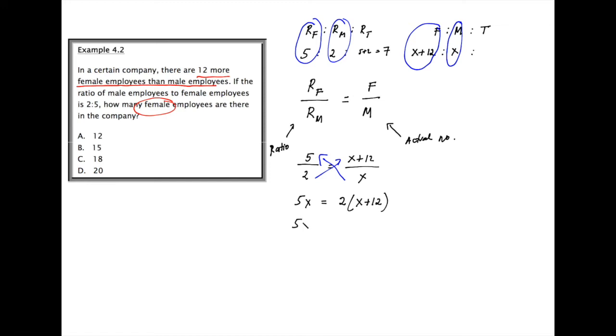That is 5x equals 2x plus 24. And 5x minus 2x equals 24, that is 3x equals 24. Divide both sides by 3. Therefore, x is equal to 8.